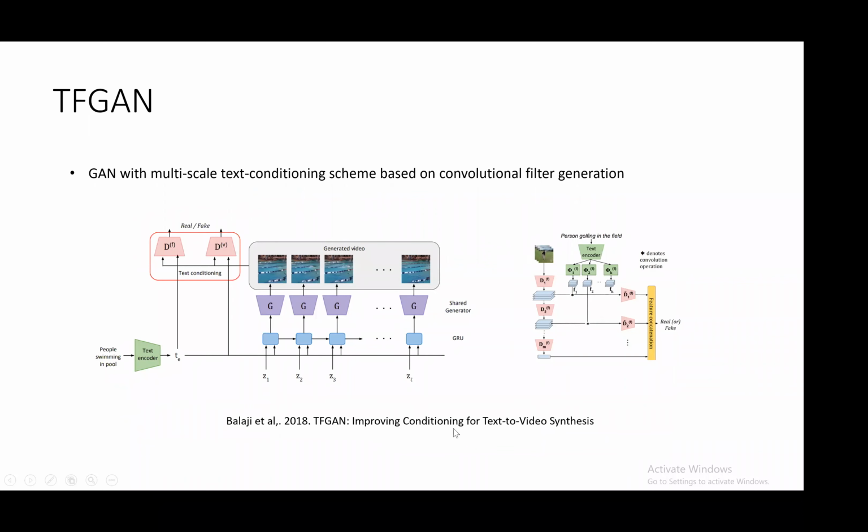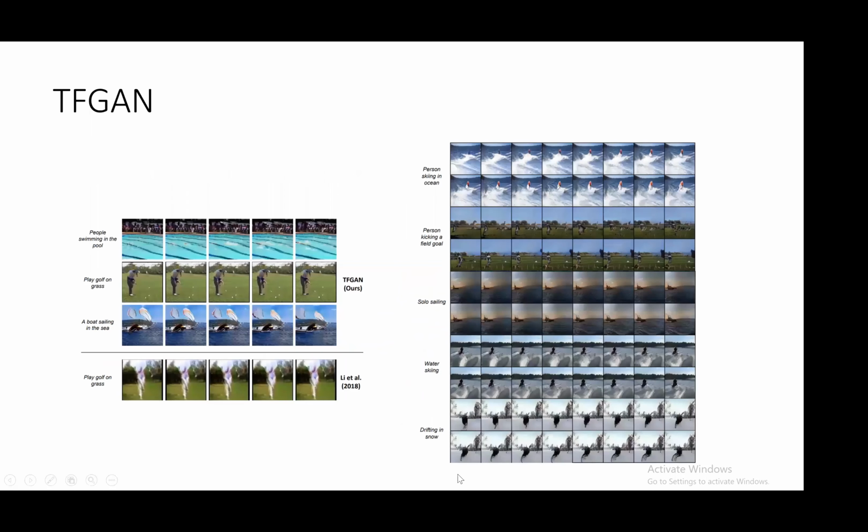Then in 2018, the paper called TF-GAN, Improving Conditional Text Video Synthesis, used not a VAE but a GAN, a conditional GAN framework to do such a task. I think one thing to mention is that it also uses multiple GAN frameworks, but uses convolution filter generations to further boost the performance.